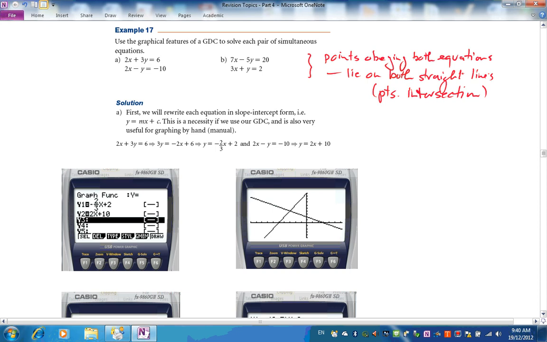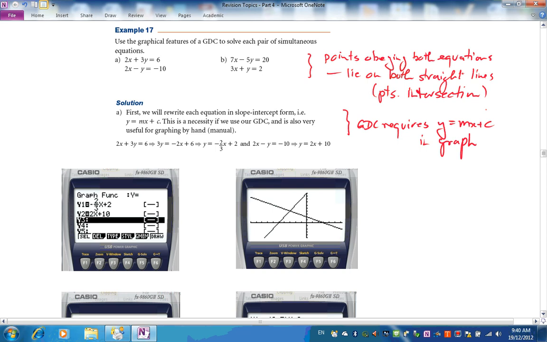Now here, Pearson has suggested rewriting the equations in the slope-intercept form, mx plus c. Why? Because a GDC requires this form in graph mode. I refer you back to the Huddy Maths Middle School wiki site for having a look at using graph mode on the Casio 9860 Plus.